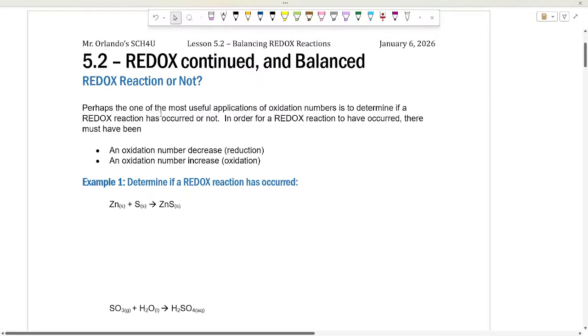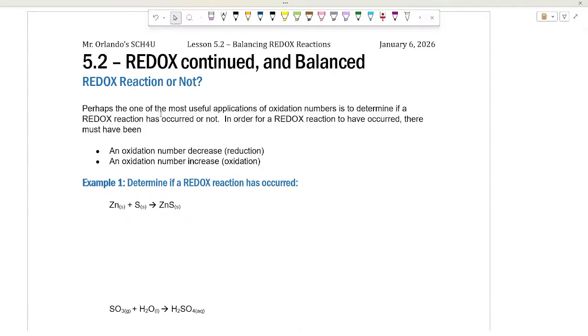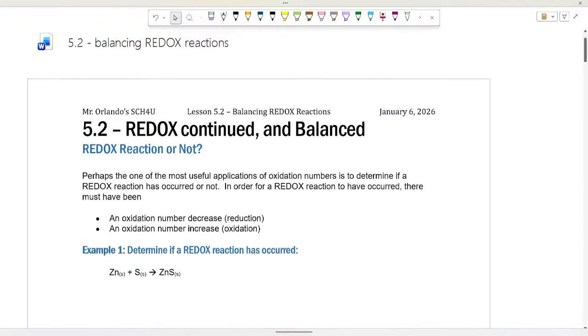So what we want to look at is this idea of redox reactions, which are reduction and oxidation reactions. In other words, it's cases where something has been reduced and something has been oxidized. Quickly remind me which is which.